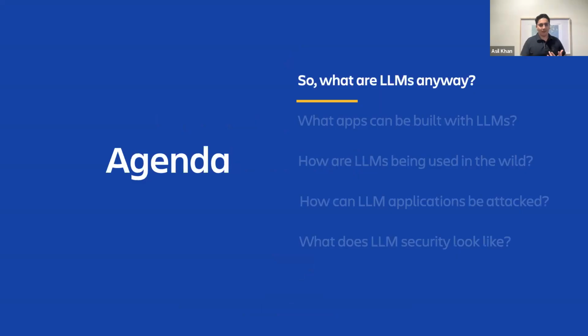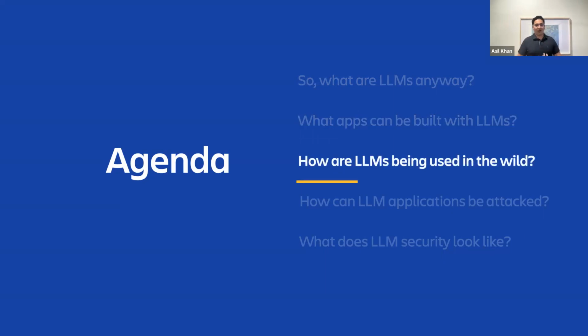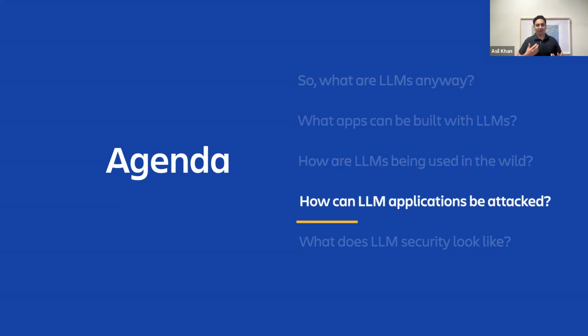We've got a fair bit to cover this evening. I'm going to start with a brief overview and primer of what LLMs are, just so we're all on the same page. Then I'll go into what sorts of applications can be built with large language models. How are LLMs being used in the wild? What are the security implications of them? How can LLMs and applications integrating with them be attacked?